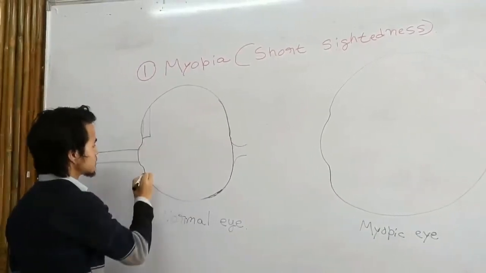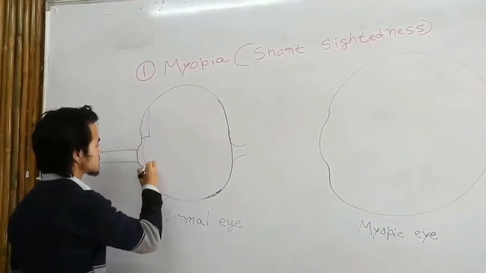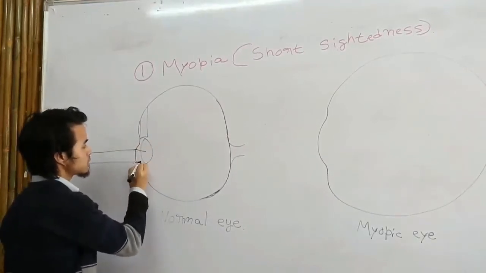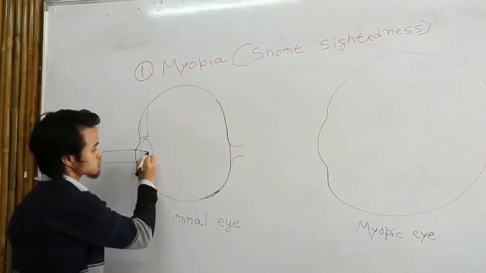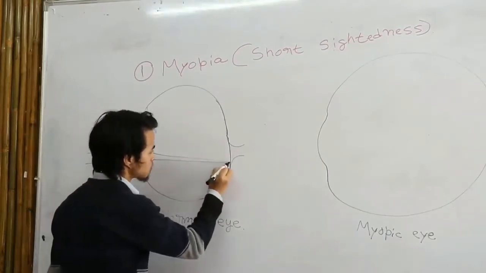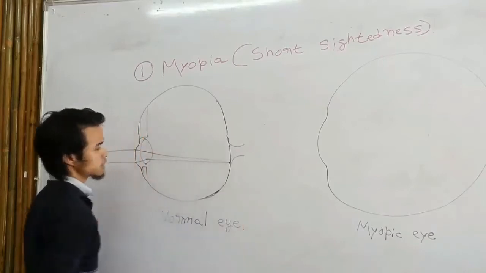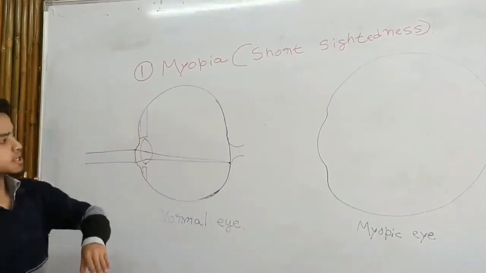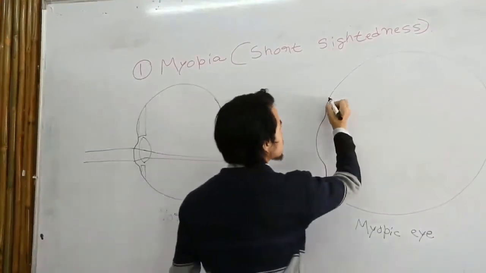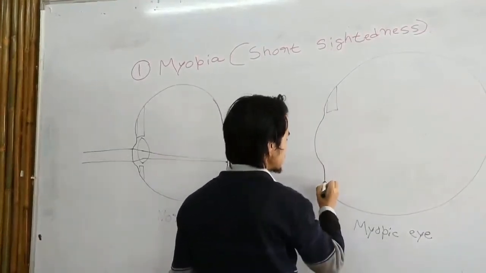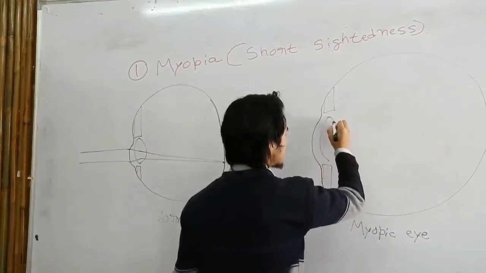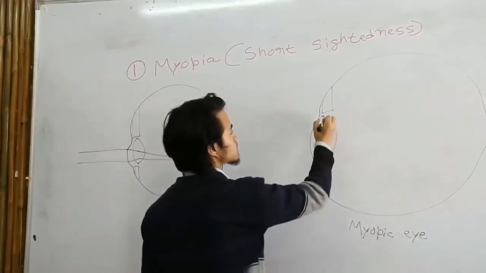And we also have the crystalline lens. So this is the crystalline lens. They will get refracted or bent. Further, the crystalline lens also refracts the light from the cornea to focus it on the retina. But in case of a myopic eye, when the light rays enter the myopic eye, they will be converged in front of the retina.